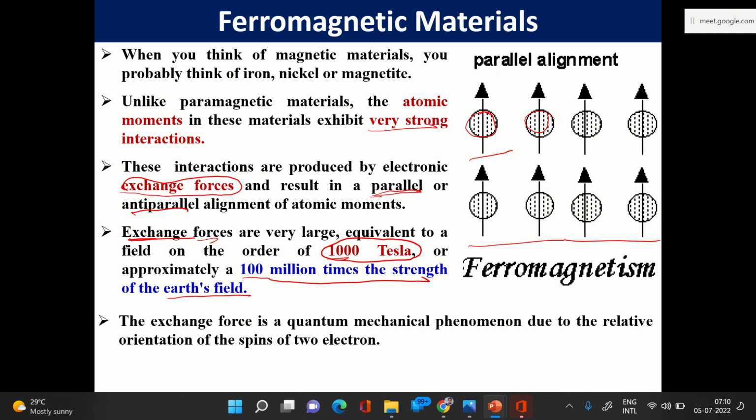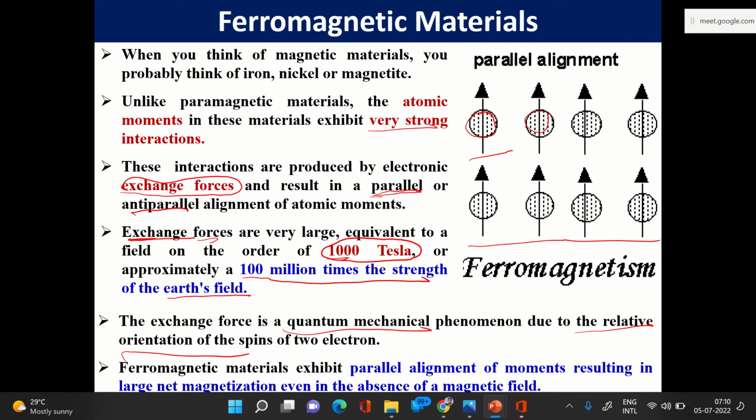It comes from the quantum mechanical treatment of the exchange force between the spins of two electrons.